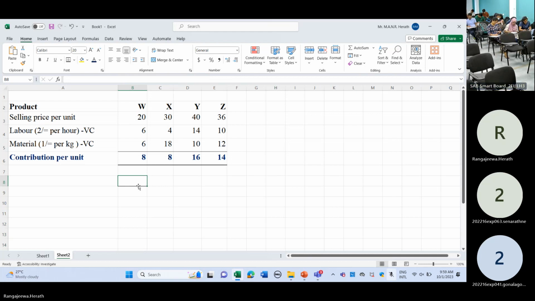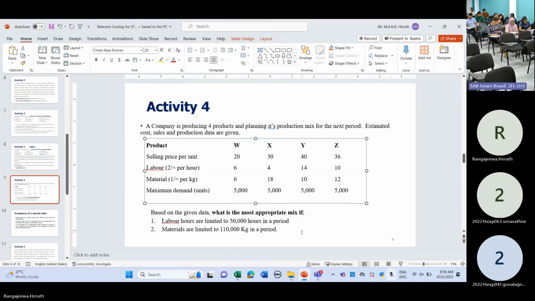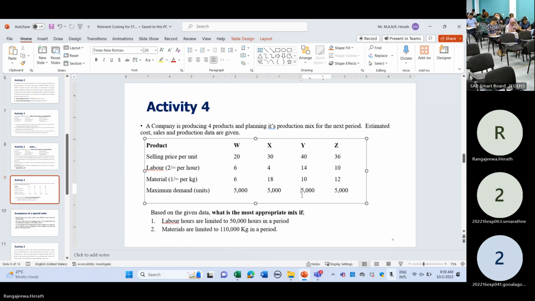But here the question says, based on the given data, what is the most appropriate product mix? The labor hours are limited to 50,000 hours. So the limiting factor is the labor hours.